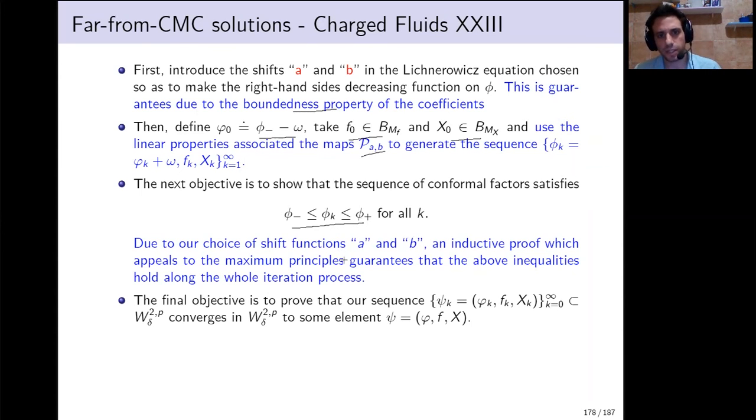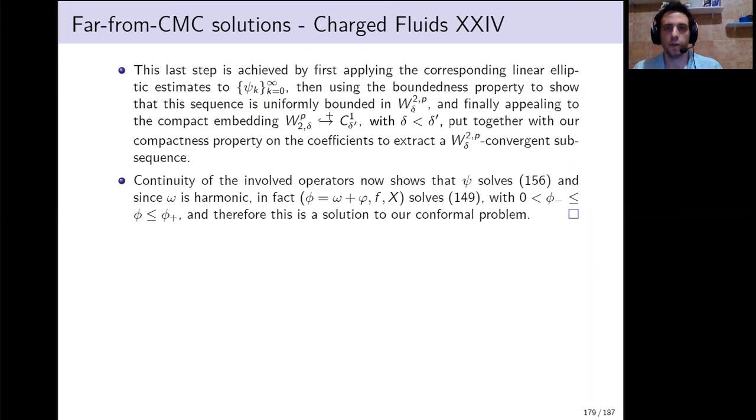And then the final objective is to show that our sequence admits a convergent subsequence to some element in this space. In order to do this, first we apply, as usual, elliptic estimates to our sequence of solutions, and we want to know that they are uniformly bounded in order to use some compactness argument. In order to show that they are uniformly bounded, again, the boundedness property becomes essential.